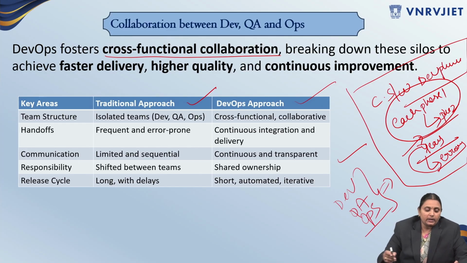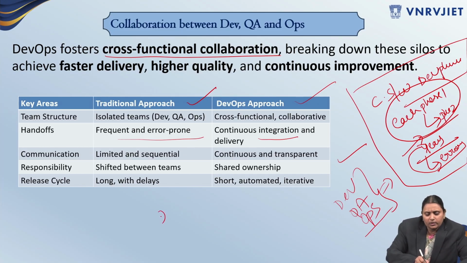And if you go with the hands-on, in the traditional approach we use frequent and error-prone releases, and in the DevOps approach we always follow continuous integration and continuous delivery. For communication, it will be limited. Why? Because each team works independently in the classical approach.